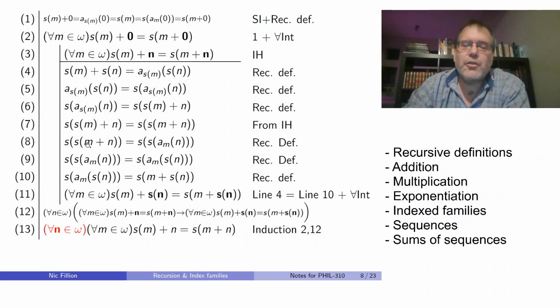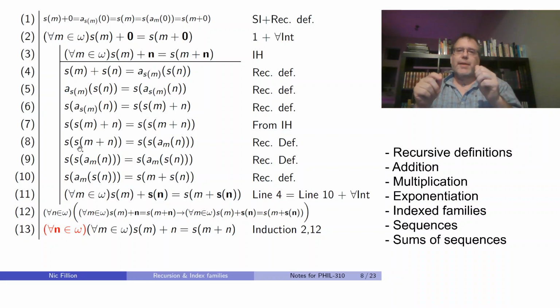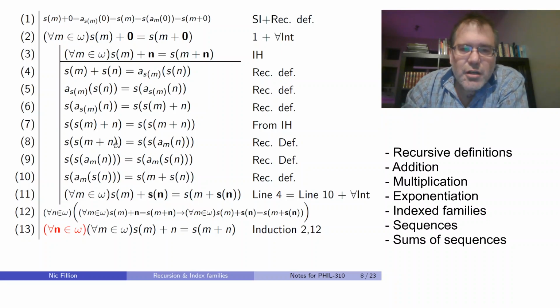Now I'm using the recursive definition, but instead of going from left to right, I'm going from right to left. So the successor of m plus n is, oh no, sorry, I'm using the definition of plus on line 8, sorry, is just a sub m of n, okay?